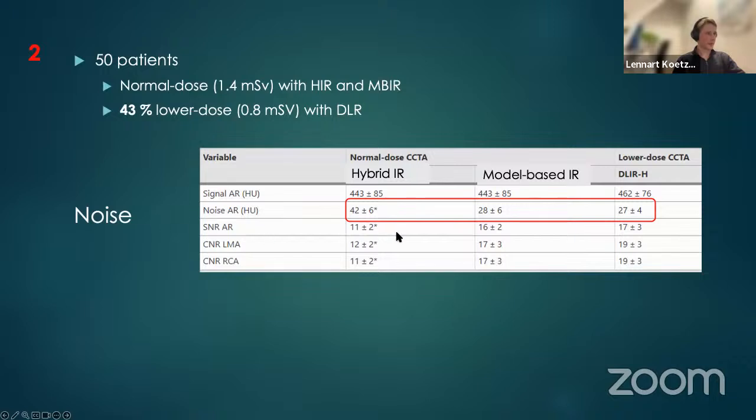So here the noise is displayed for the normal dose CCTA reconstructed with hybrid IR and model-based IR. And here we can see the lower dose CCTA. And as we can see, the noise levels are comparable and even lower than hybrid IR with DLR.